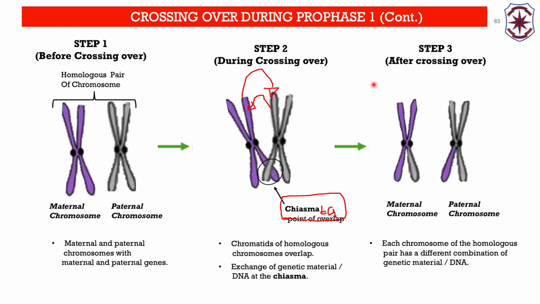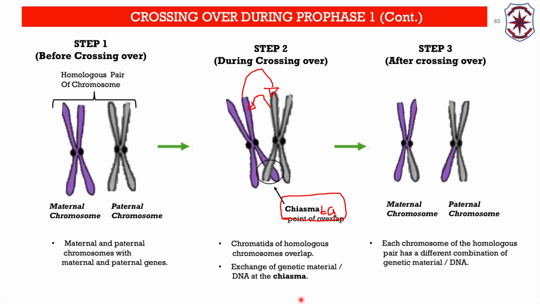We said that the definition of crossing over is when chromatids of homologous chromosomes exchange genetic material during prophase 1. And of course, it occurs during prophase 1. And then you need to also be able to describe how crossing over leads to genetic variation in gametes. Okay?